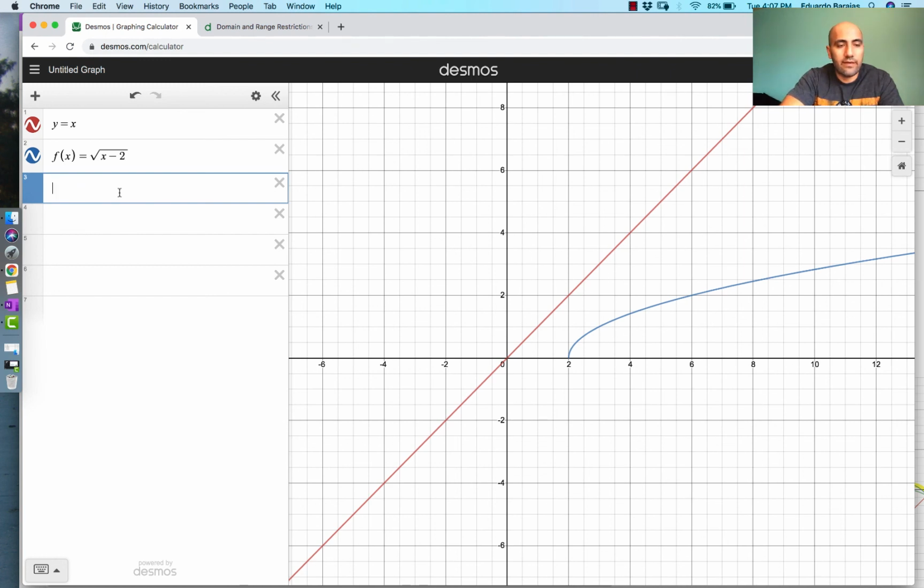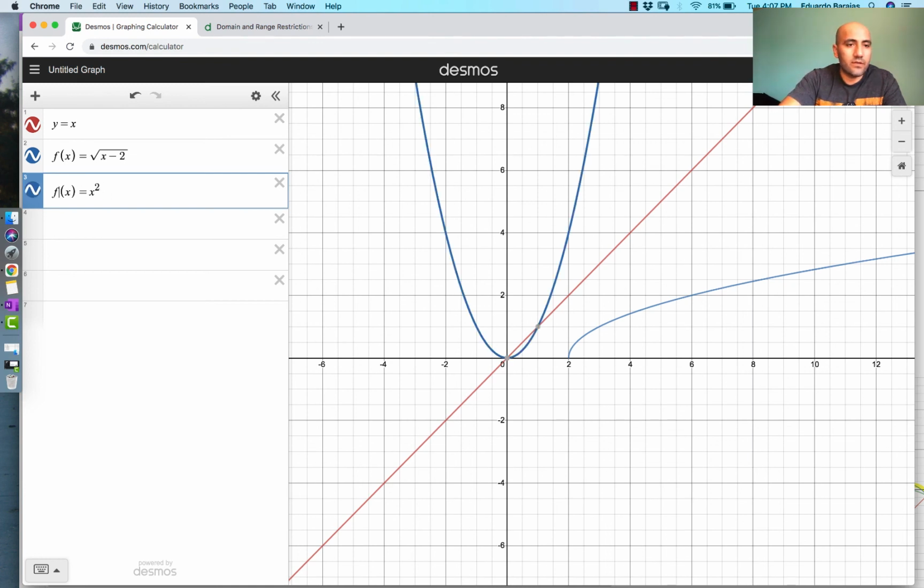So if this is f of x, I'm going to define f inverse of x as x to the second power. It does not like that, so I'm going to have to get rid of that.